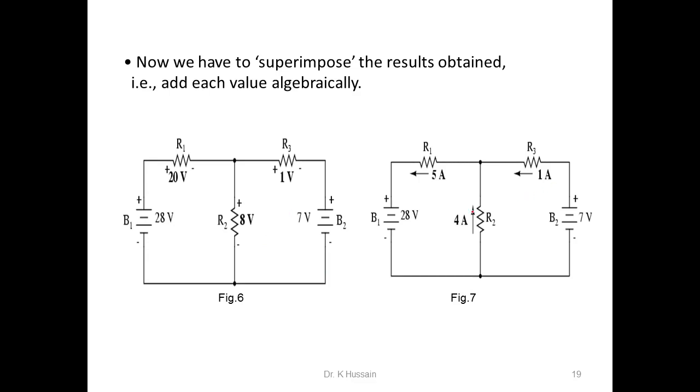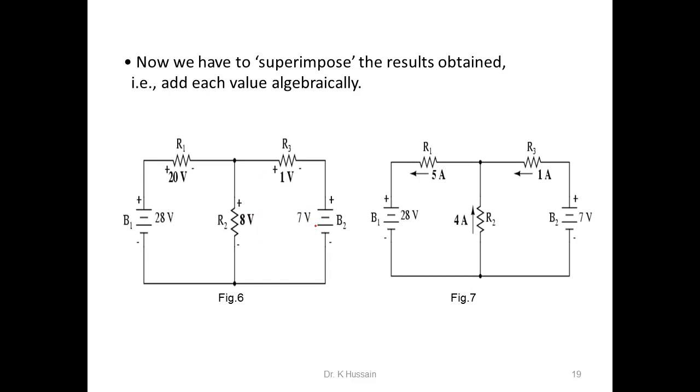If you are taking this, this is 1 into 1 volts. Here 20. Now you see, just take this one: 28 is equal to 20 plus 8 if you are taking them at a time. And 7 is equal to 8 minus 1.